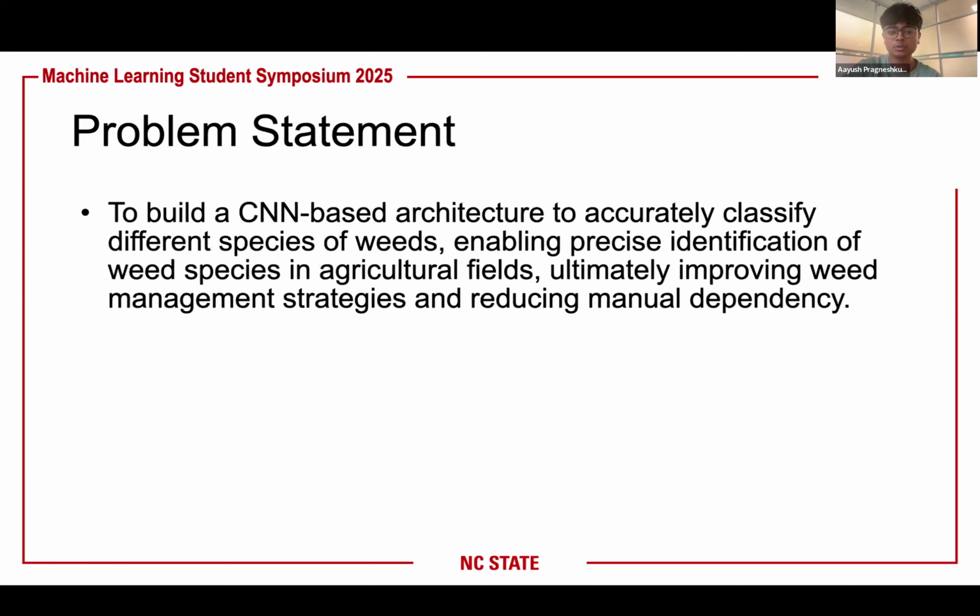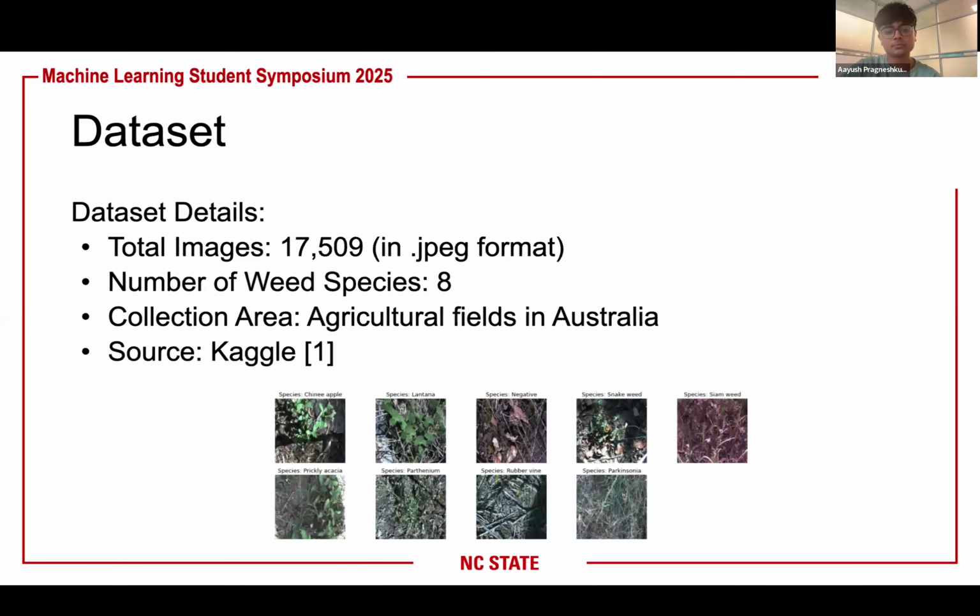That's why we decided it would be important to incorporate machine learning techniques into this domain. That's why our problem statement is to incorporate CNN-based architecture to identify different types of species so that it could decrease the time in identifying and lead to better results.